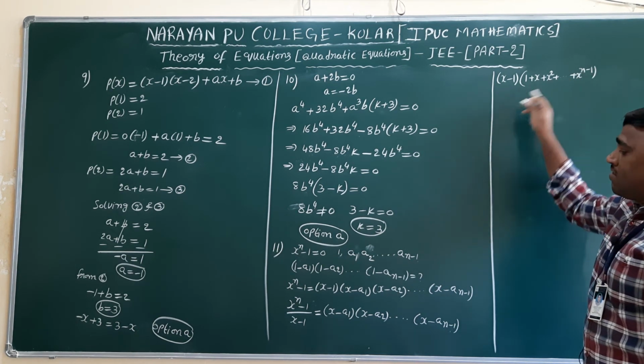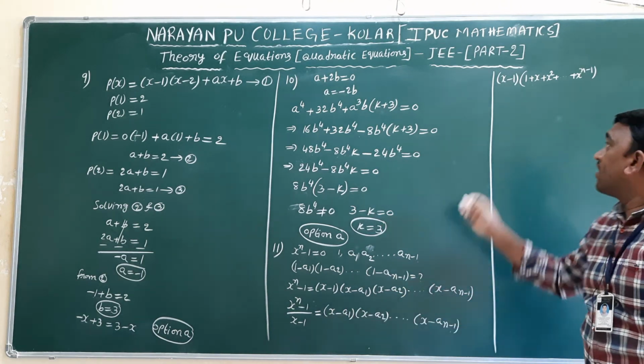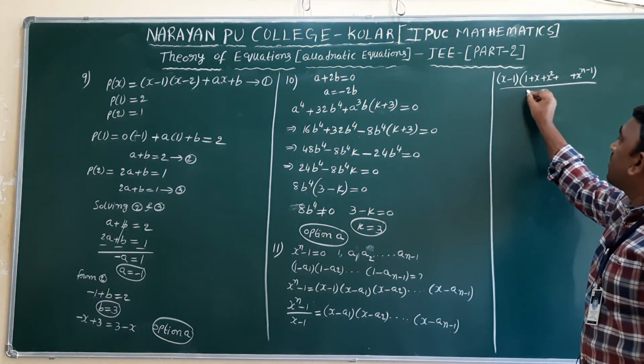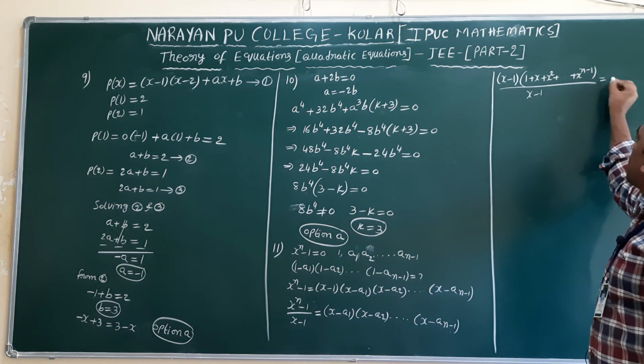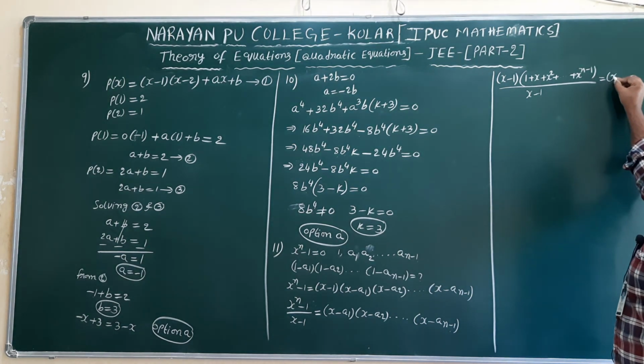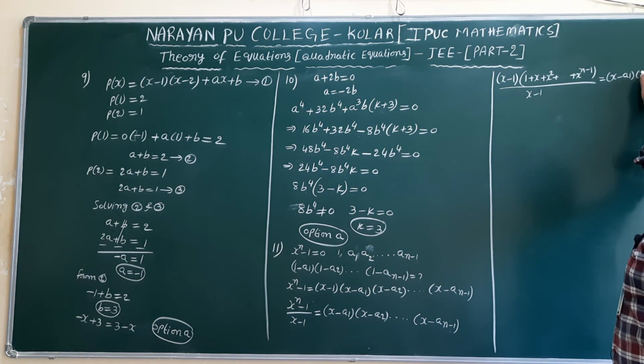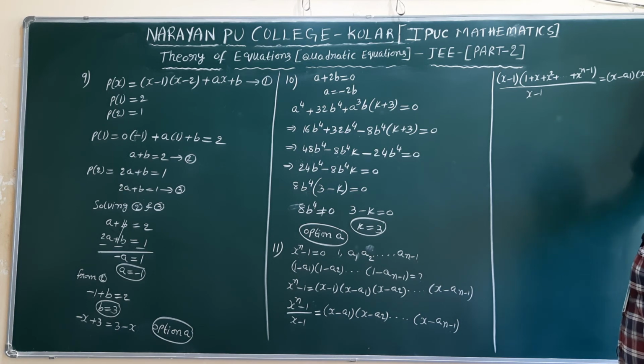While simplifying this we again get x power n minus 1 only divided by x minus 1 equal to the right side value x minus a1, x minus a2 and so on, x minus a n minus 1.